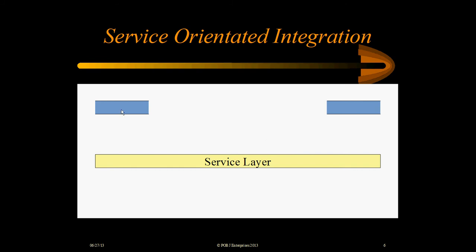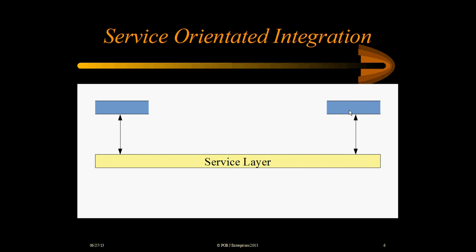And what you do is you go from your source and you transform it into a common structure that the service layer uses. Once you've got it in that structure, you then transform it from this common structure to the target format. Now, quite often this common structure is referred to as a canonical structure, and we'll talk more about that later.